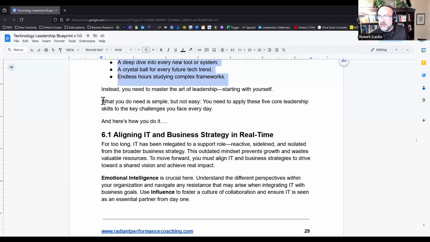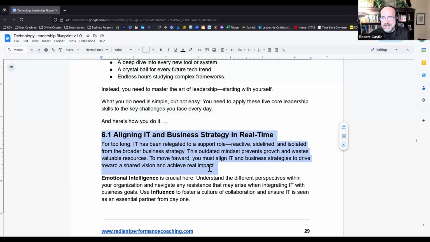And what you need to do is simple, but it's not easy. You have to apply these 5 core leadership principles to the key challenges that you face every day. And here's how you do it. So, aligning IT and business strategy in real time.